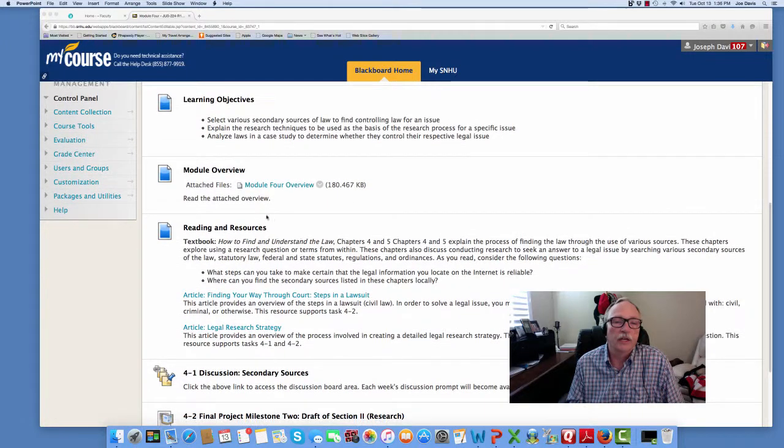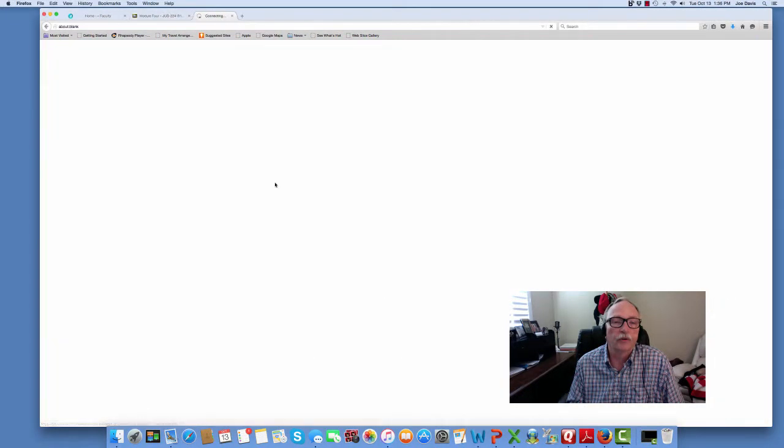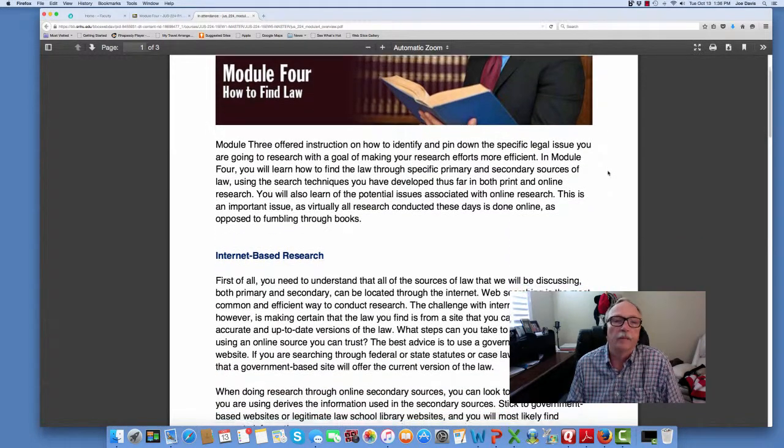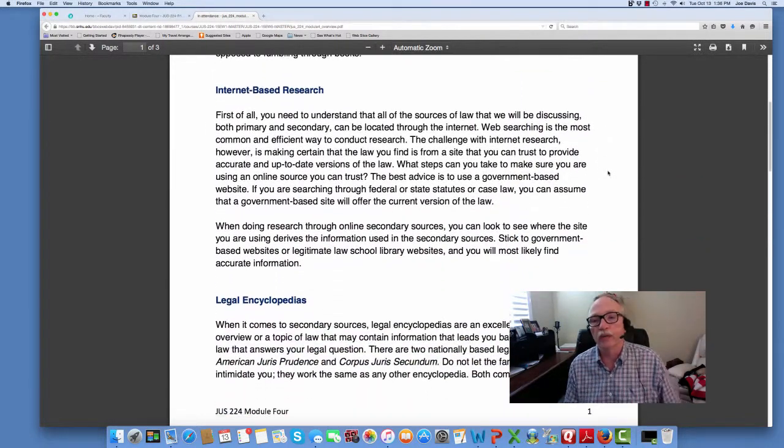All right, so let's take a look at the overview for this week and see what it says. And once again, I'm not going to sit and read this to you, but make you aware of it. It's very short. When it says internet-based research, no Google, no Wikipedias, no Bing, none of those, okay?